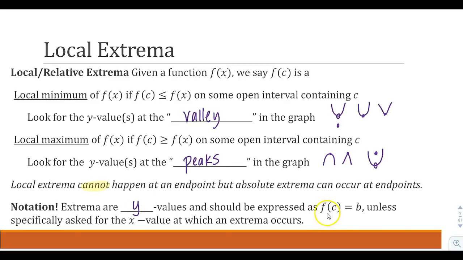So they should be expressed as f of c equals b, unless specifically you're asked for the y value at which an extrema occurs. So the answer is the y value. It tells us more if we write f of c equals b, because then we know where that y value occurs, but the bottom line is the answer is a y value for both absolute and local extrema.